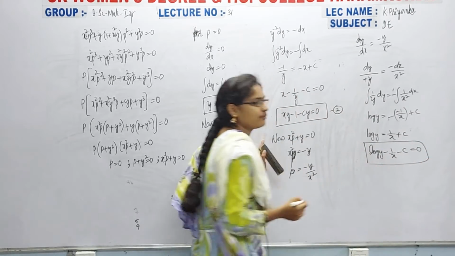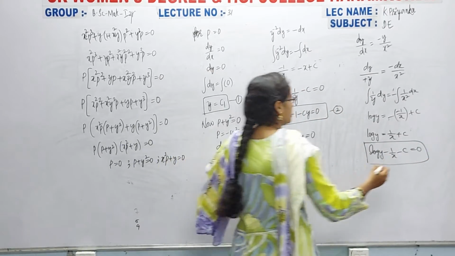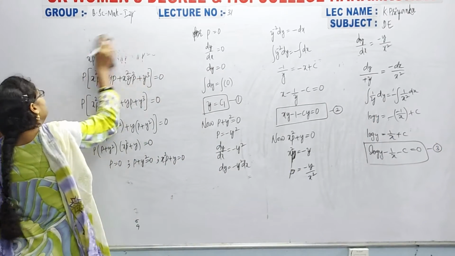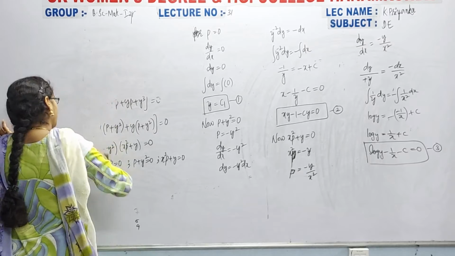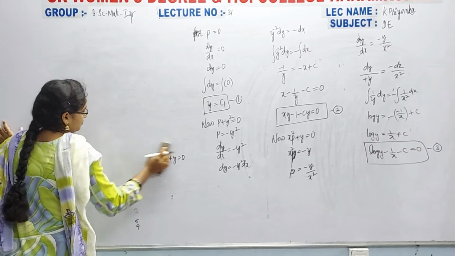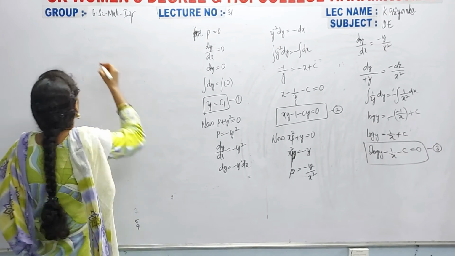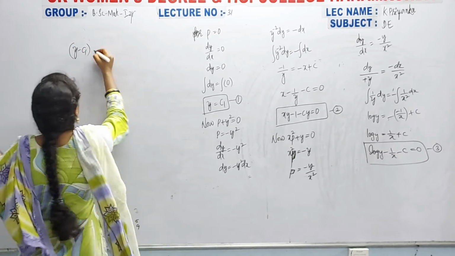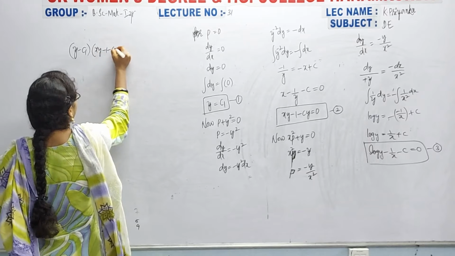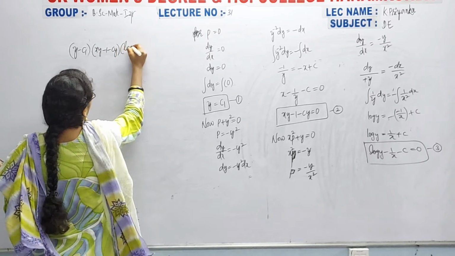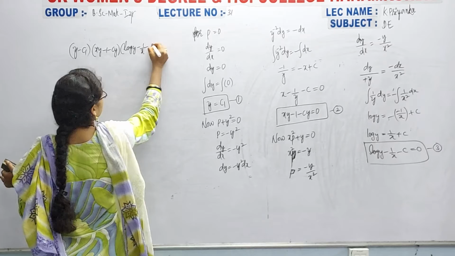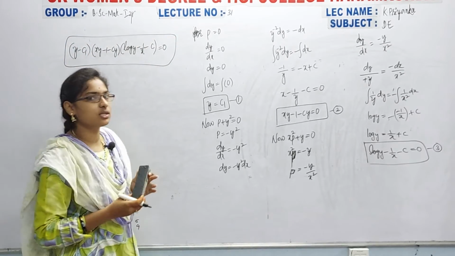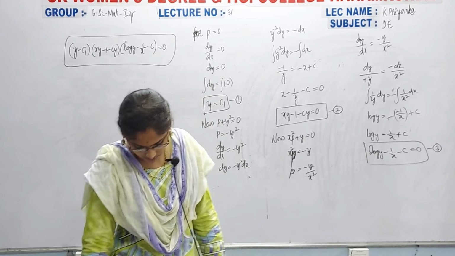So finally what you have to write, therefore the required solution is, what is the required solution? y minus c1 into xy minus 1 minus cy into log y minus 1 by x minus c is equal to 0. Okay, so this is nothing but the required solution for the given question.